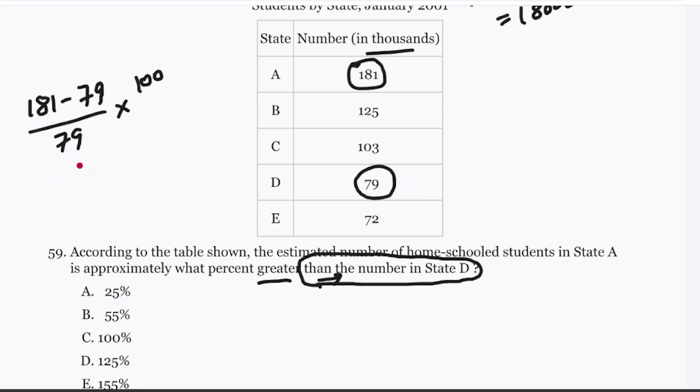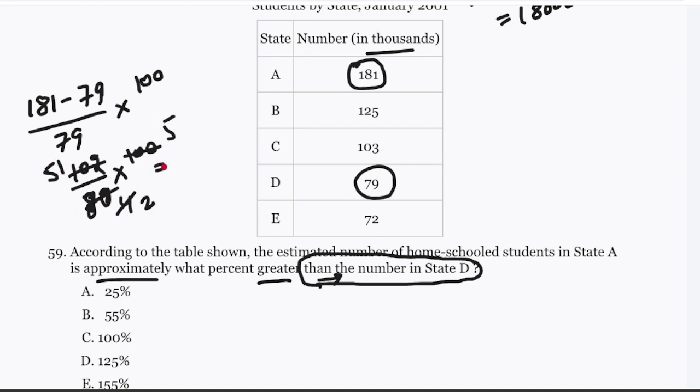So what do I get? I get 181 minus 79, we get 102. 102 divided by 79 into 100. Now they said approximately, so let's make it 80. Now 20 into 4, 20 into 5. Now this is 2 into 2, 51.